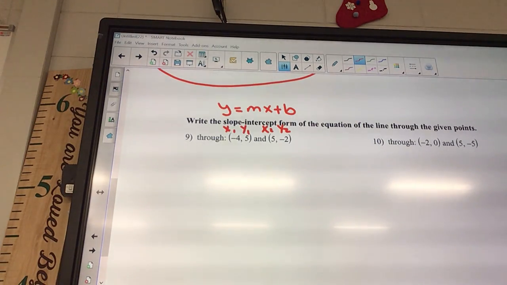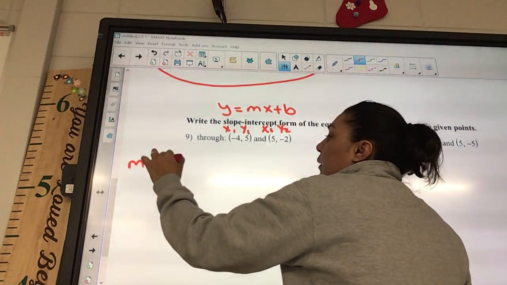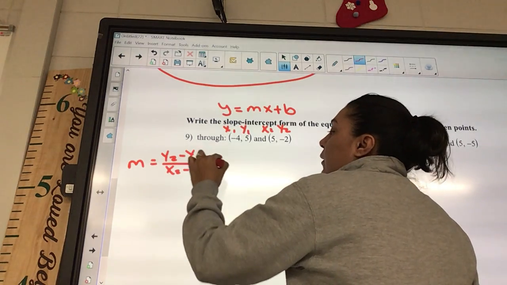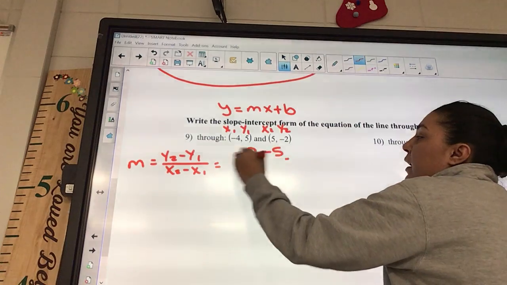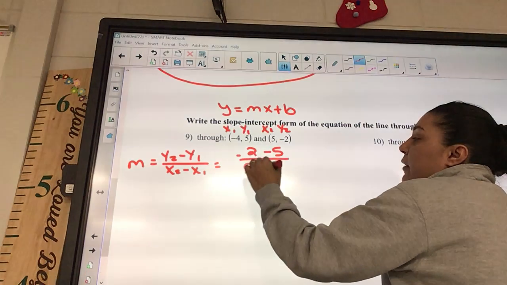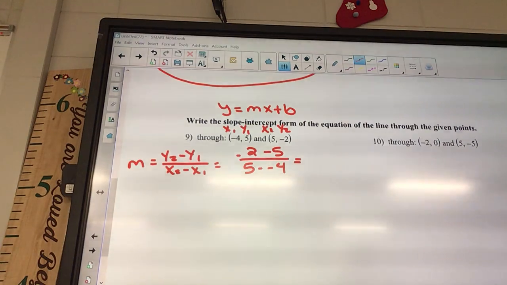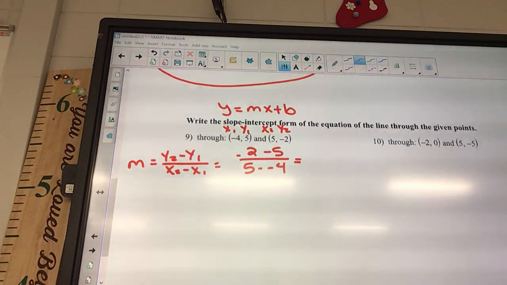Okay, so we're going to start out and we have our slope formula. We have -2 minus 5 over 5 minus -4. Type that in and see what you get.